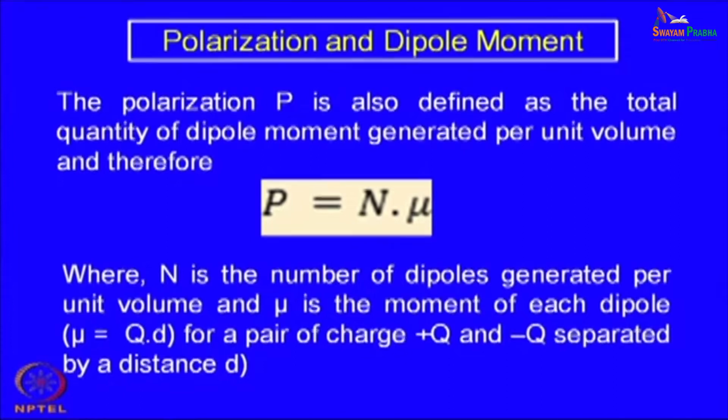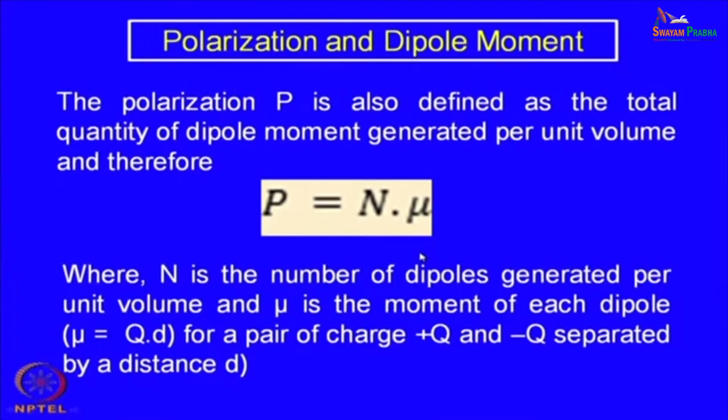Mu is also given by Q into D, where Q is a pair of charges, that means one positive charge and one negative charge of the same magnitude. So, plus Q and minus Q separated by a distance D gives you the dipole moment Q into D. That is the dipole moment mu.